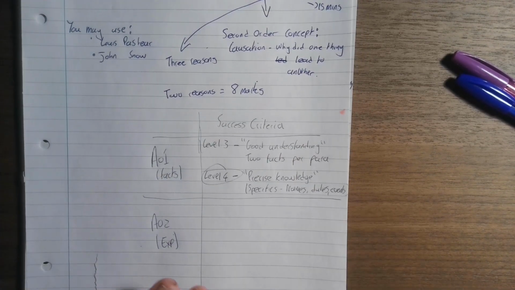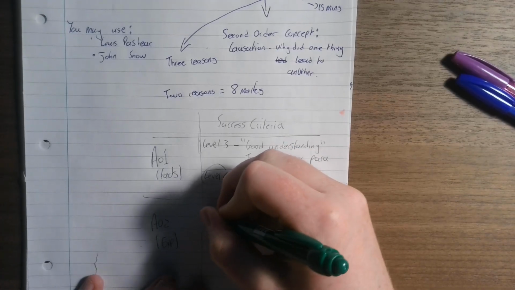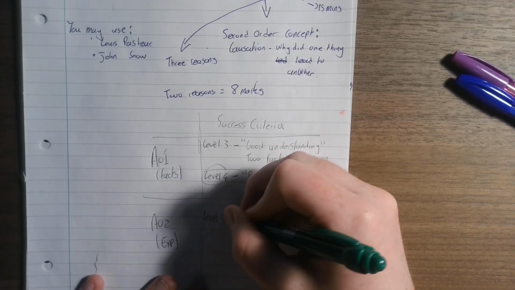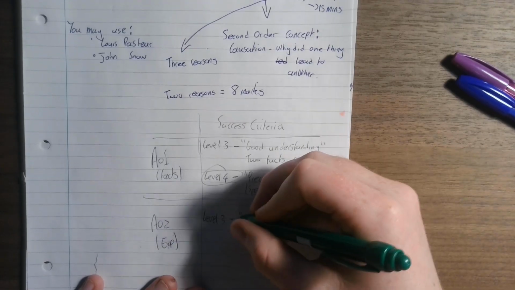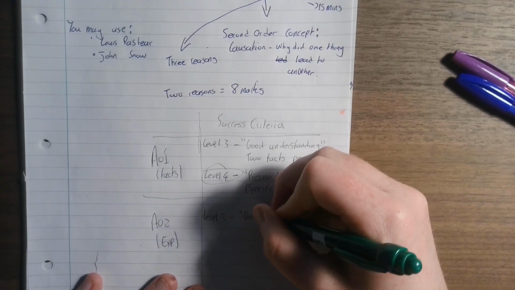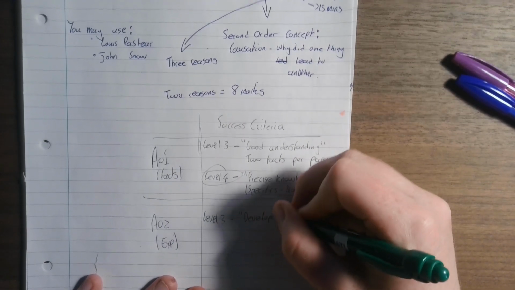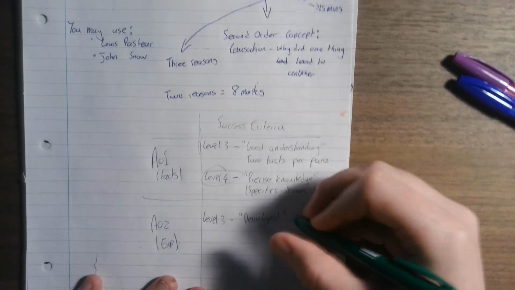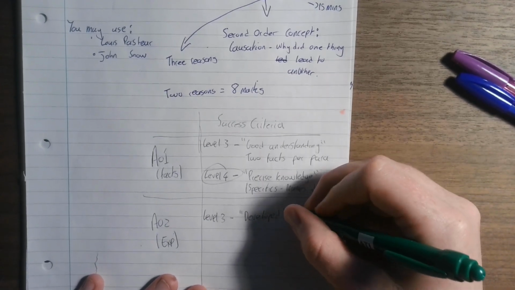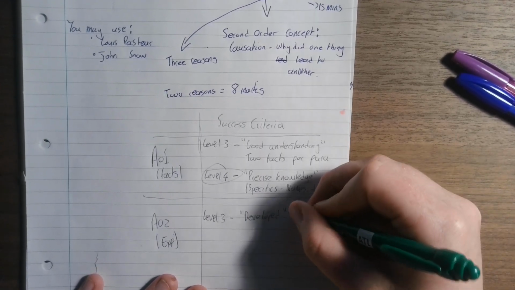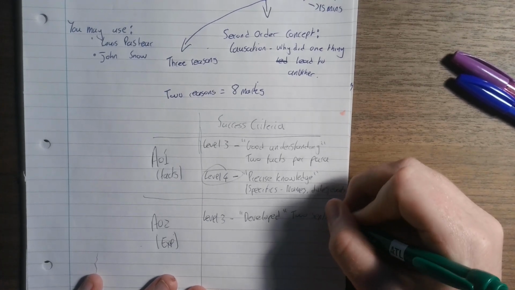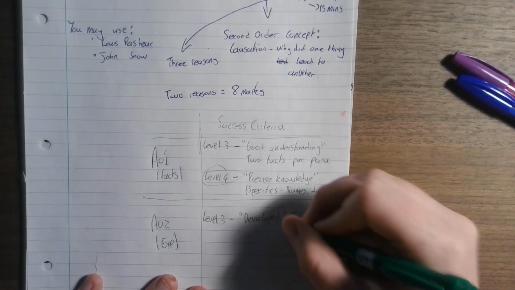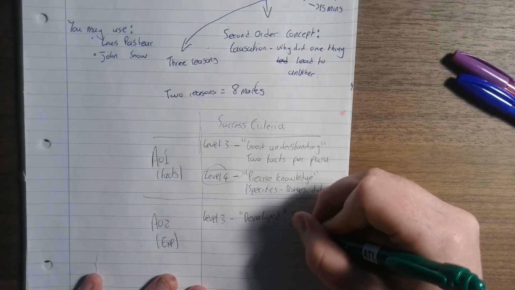With your explanation, when it comes to a level 3, the mark scheme uses the phrase developed. Again, I view developed as 2 sentences of explanation.